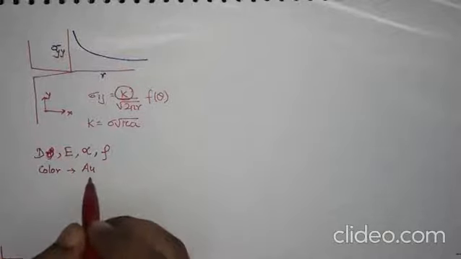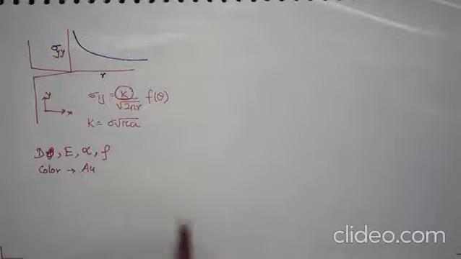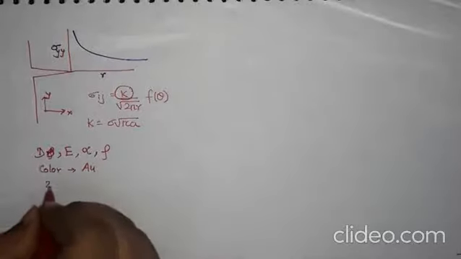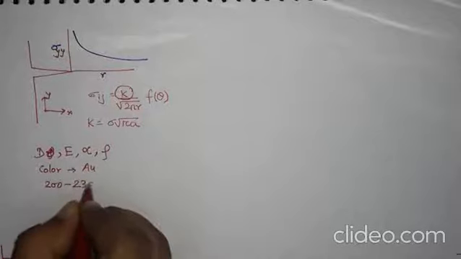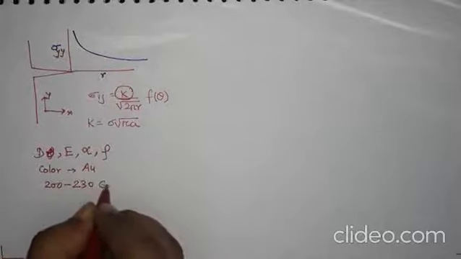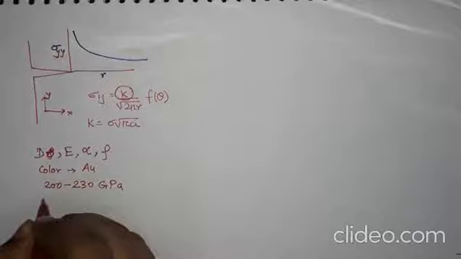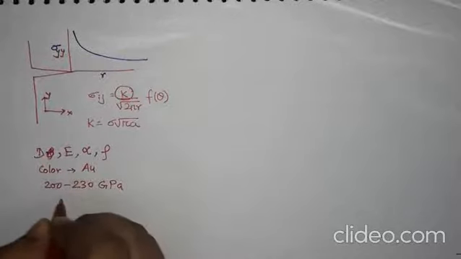So steel can be divided into different categories of steel. You can have martensitic steel, you can have Maraging steel, you can have mild steel, and all those things. There is a whole spectrum of steel, and all of them are in the region of 200 to 230, let's say, gigapascals. So they all have close values.